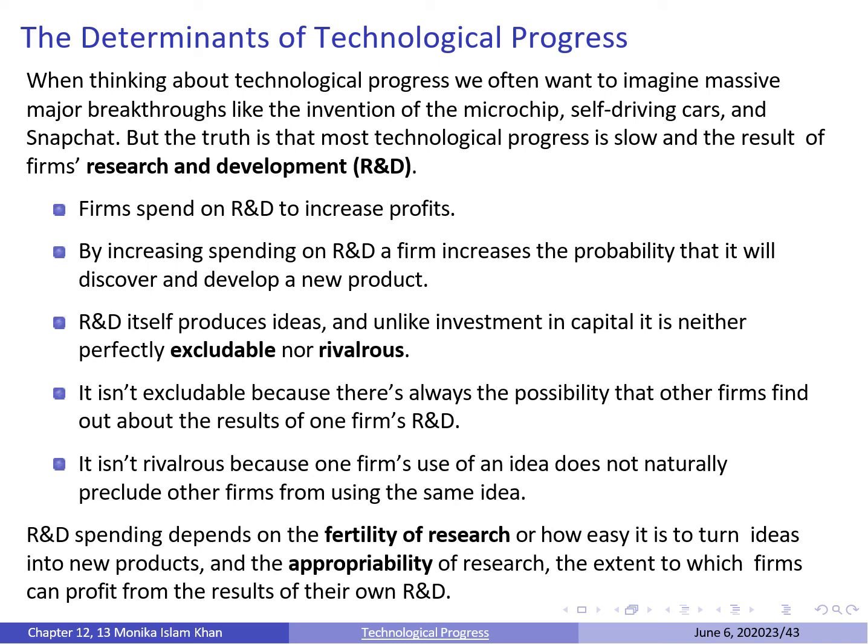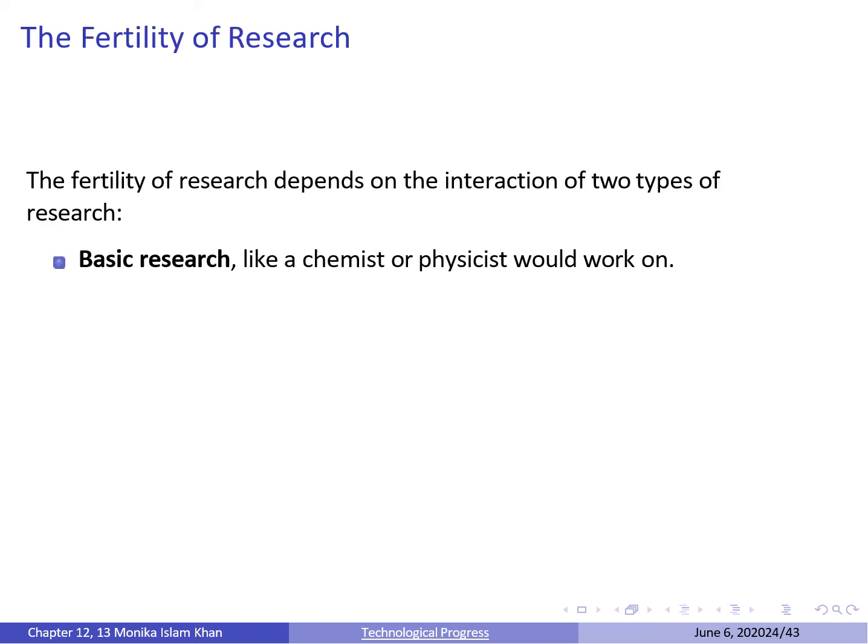Therefore, research and development spending depends on the fertility of research, or how easy it is to turn ideas into new products, and the appropriability of research, that is the extent to which firms can profit from the results of their own research and development. The fertility of research, or turning ideas into products, depends on the interaction of two types of research.